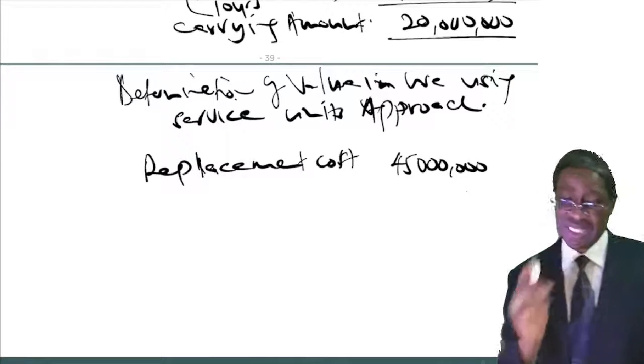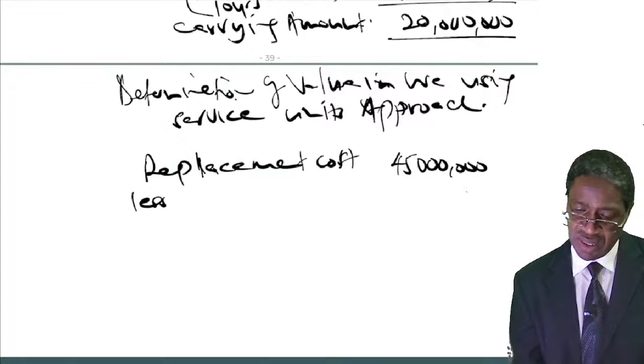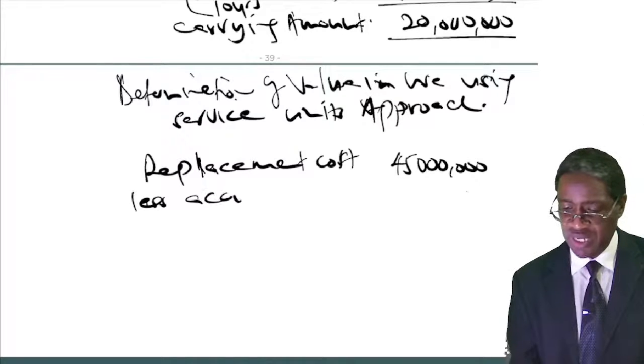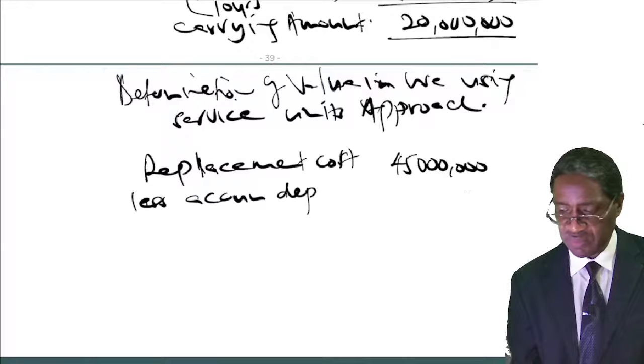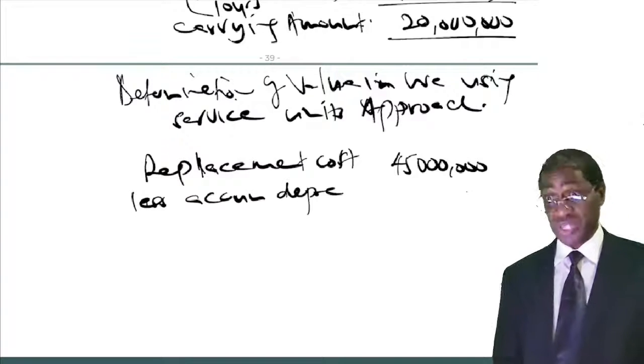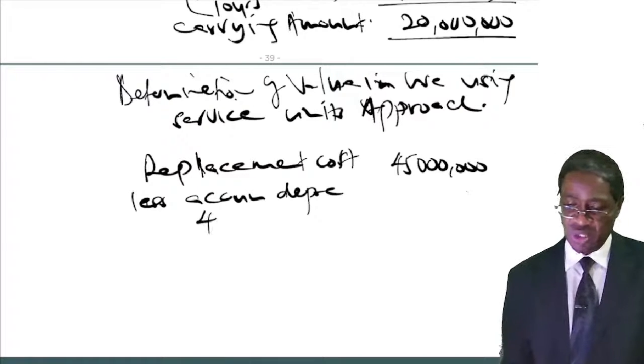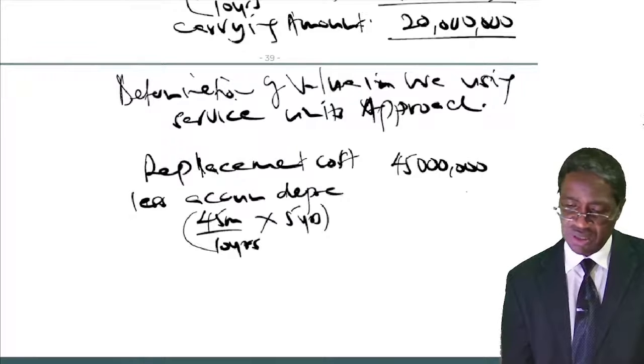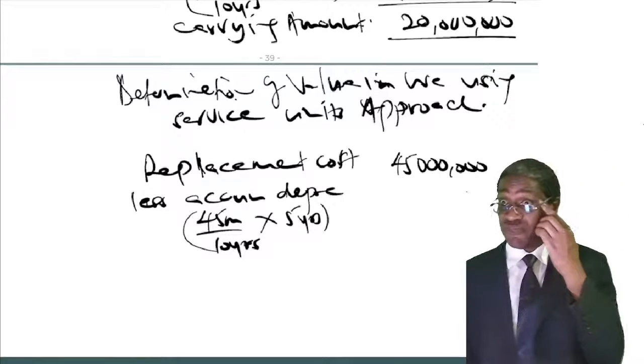We less accumulated depreciation again, based on the replacement cost, which will be 45M divided by 10 years times 5 years, which is again exactly half.